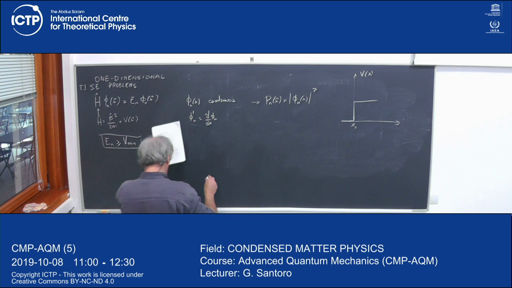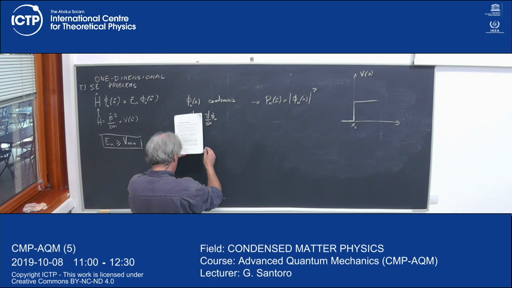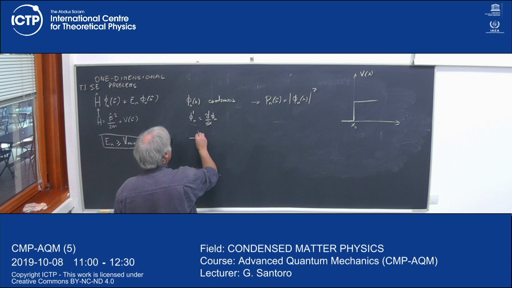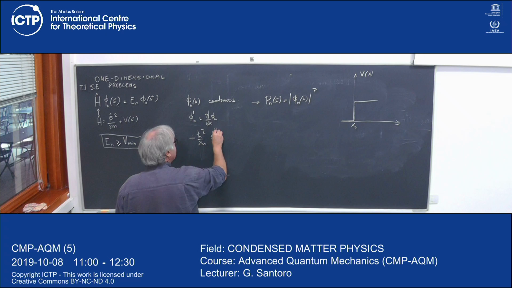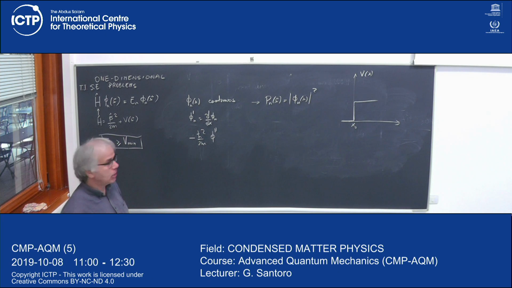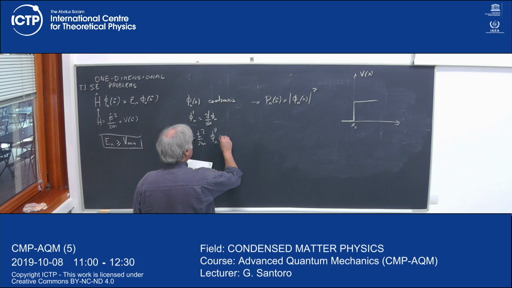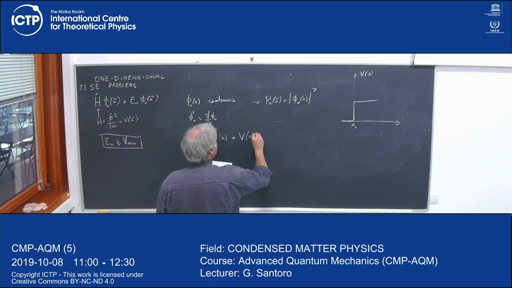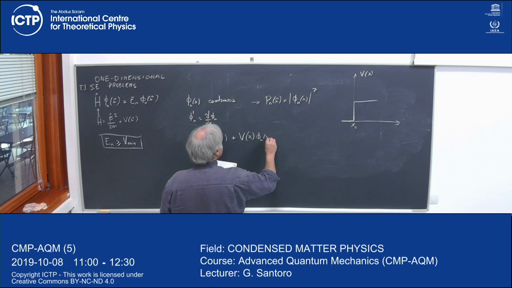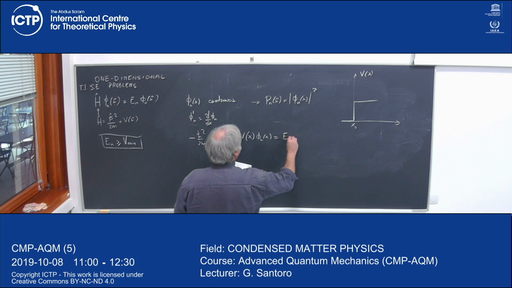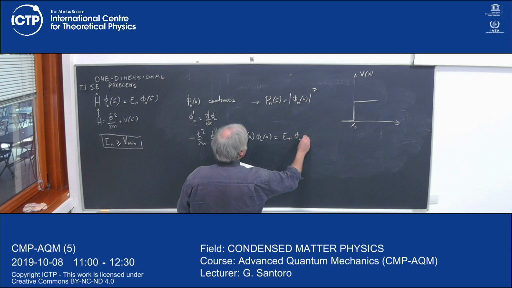Let's write the Schrodinger equation. It looks like this: minus h bar squared over 2m, the second derivative with respect to x, plus V of x, phi n of x, equal to E n phi n of x.